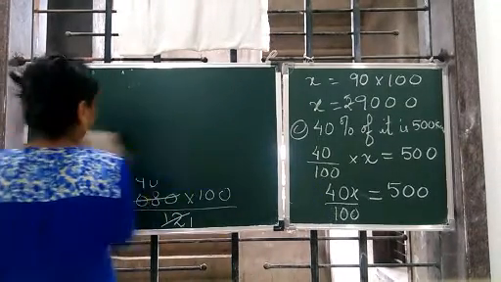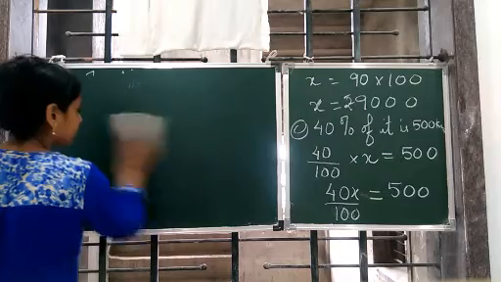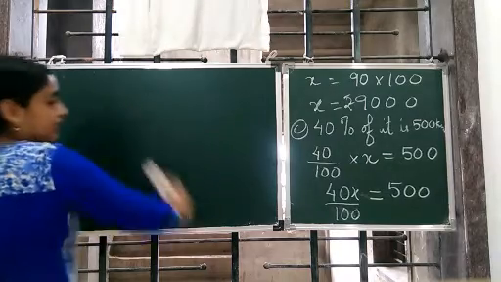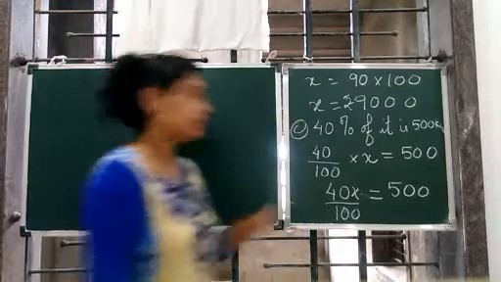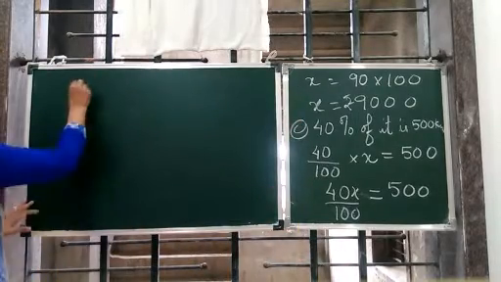Correct? Now we are going to transpose what? 40 and 100 to the RHS. So 100 goes in multiplication, 40 goes in division.